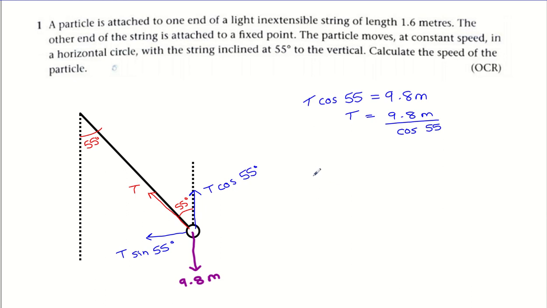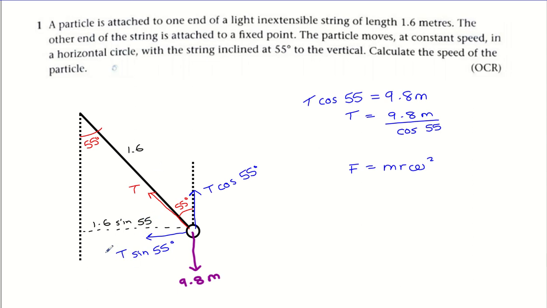If we look horizontally then, the equation I'm going to use is F equals m r omega squared. The length of the string is 1.6, and so the radius of this circle is 1.6 sine 55, because it's the opposite and the string itself is the hypotenuse.